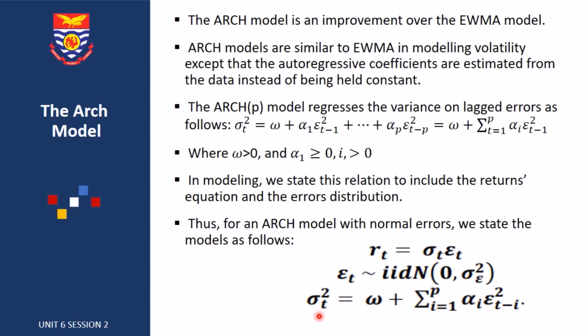So the variance can now be explained as in our ARCH model. We are simply modeling the variance component of this series. So we are focusing on this component. The conditional variance is what we are estimating in our ARCH model.